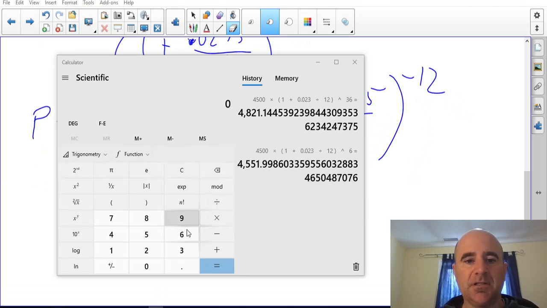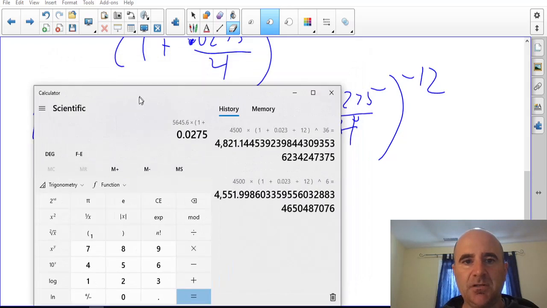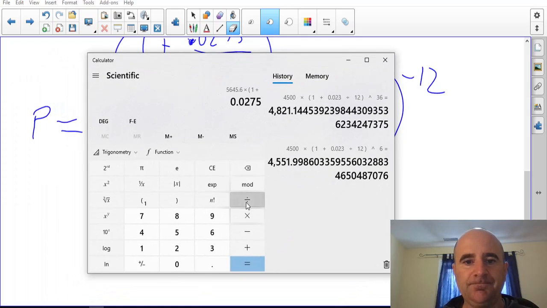So that was, let's see, 5,645.60 times bracket 1 plus 0.0275 divided by 4, close the bracket, to the power of, and then on this calculator I go 12 and then hit the negative sign.